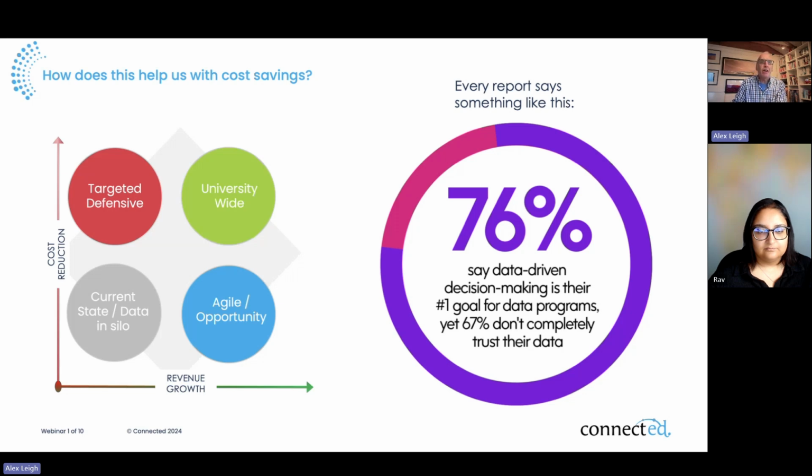You need to make some decisions early on about how you want to apply this capability. So you can go down the targeted defensive route, which is going to say we want to mitigate risk with the use of that data. We want to focus on things that are really important. So it's generally things like external returns, student returns, for example. It's generally stuff that's going to secure funding. It's stuff that the university absolutely may be judged on externally by people.